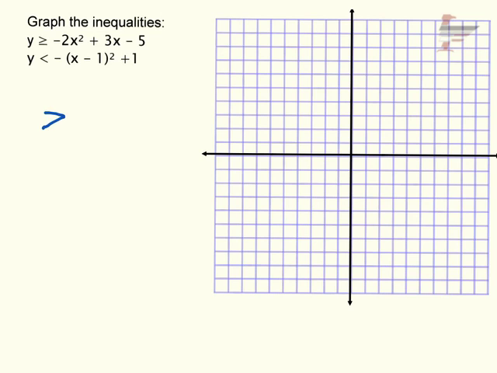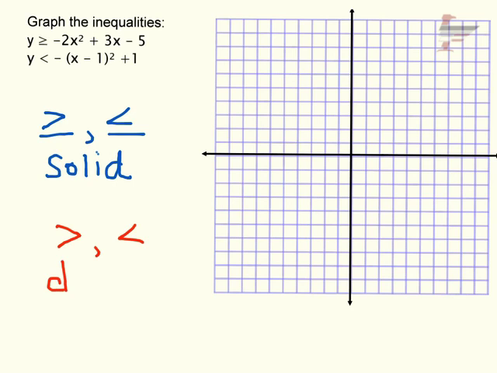So if it has an equal sign underneath it, you are going to make your parabola solid. If it does not have equal signs underneath it, then you are going to make your parabola dashed. Things you probably recall. Other things you might want to remind yourself about, of course, if you're getting things in standard form and you happen to divide by a negative, make sure you flip the inequality.